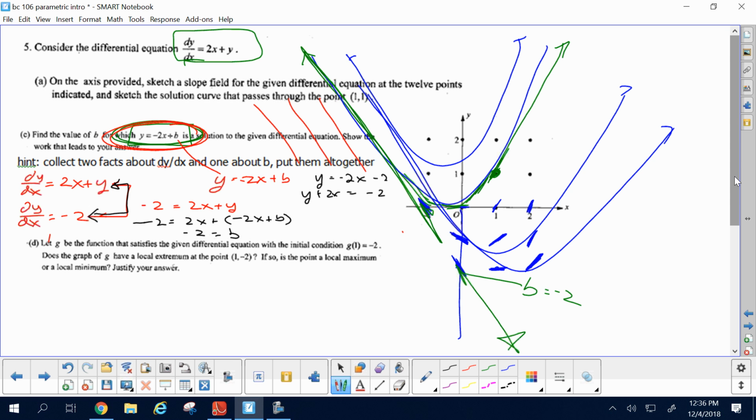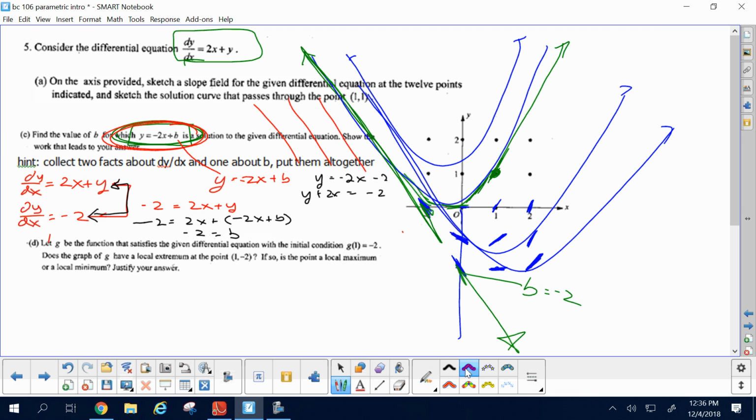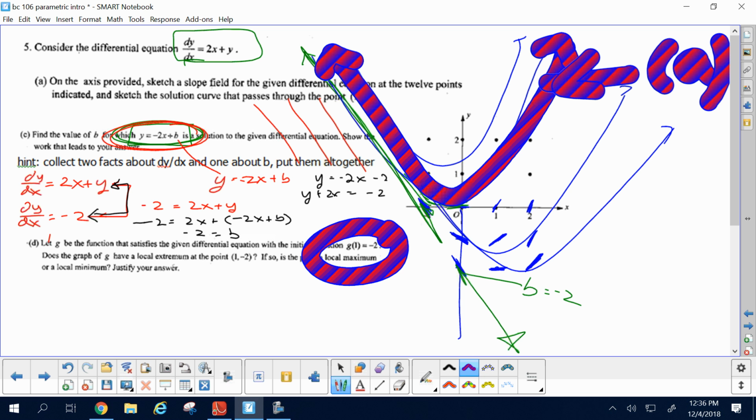In part A, we drew a particular solution here, right? They didn't actually give it a name, did they? Okay, that's part A though.